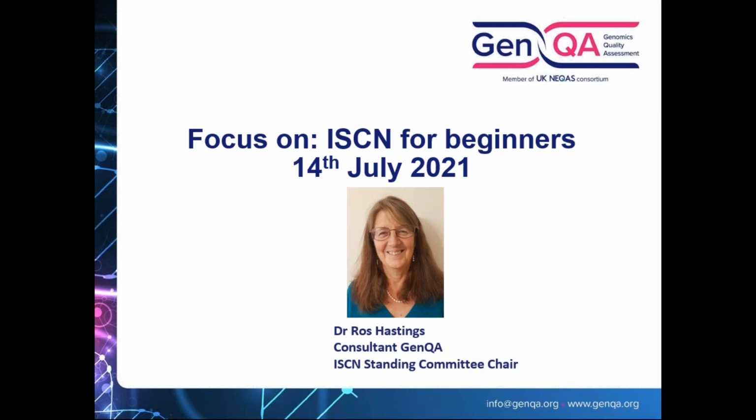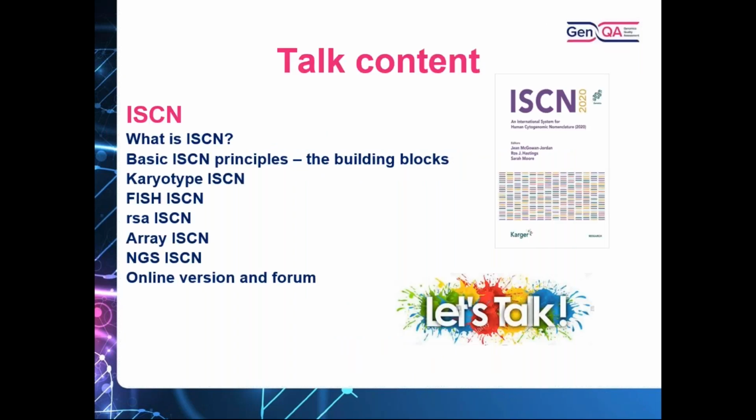So I'm going to talk about ISCN principles. I'm going to explain where ISCN fits in relation to HGVS and HUGO. Some basic ISCN principles, so they're the building blocks on which you can work out most of the principles. It is ideal if you read the book in its entirety.